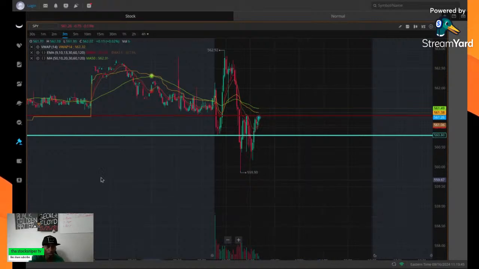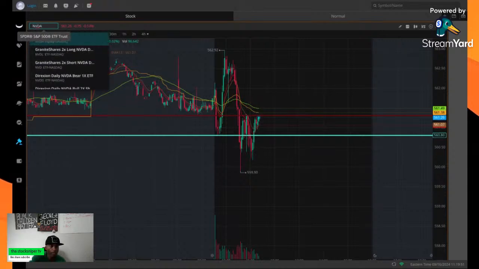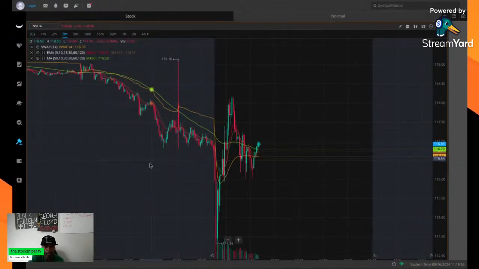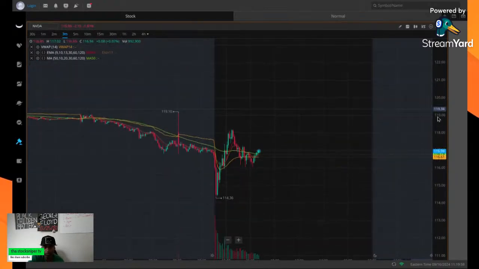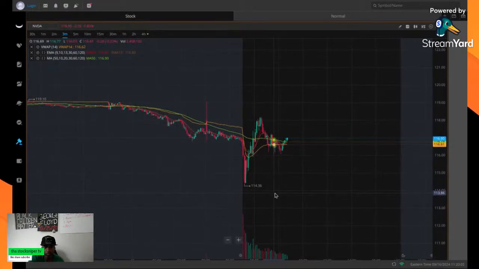And if it's too slow, I switch to something else. See what NVDA doing. Boom. But the main moves are in the morning, particularly 8:30 to 10 a.m. Those are really the main moves.